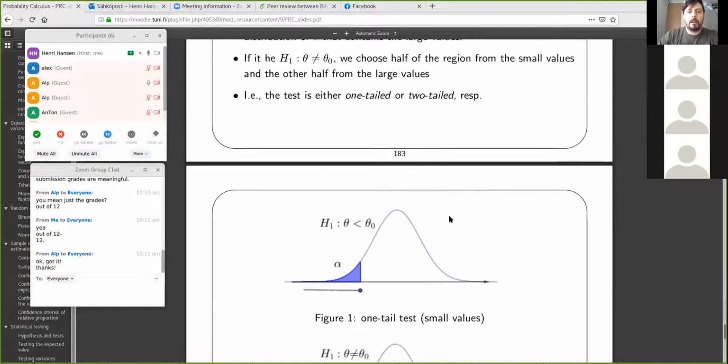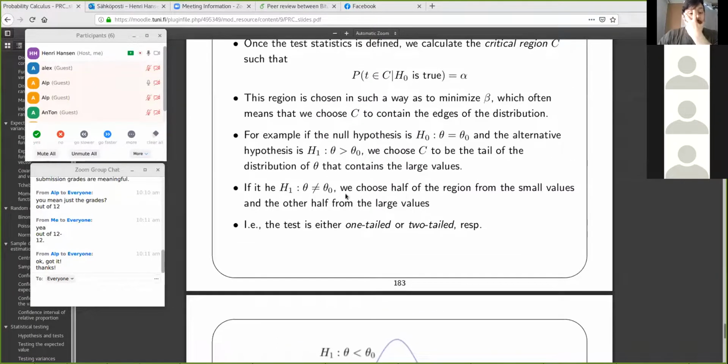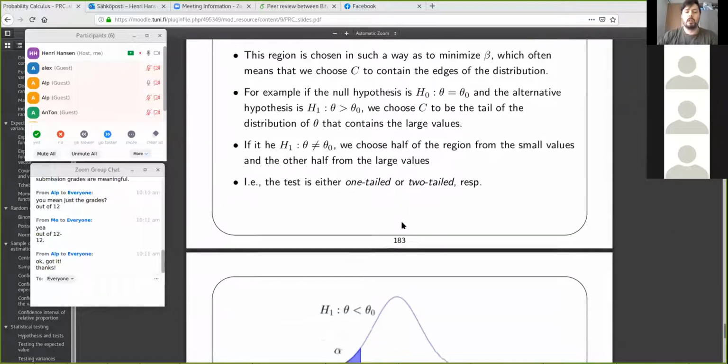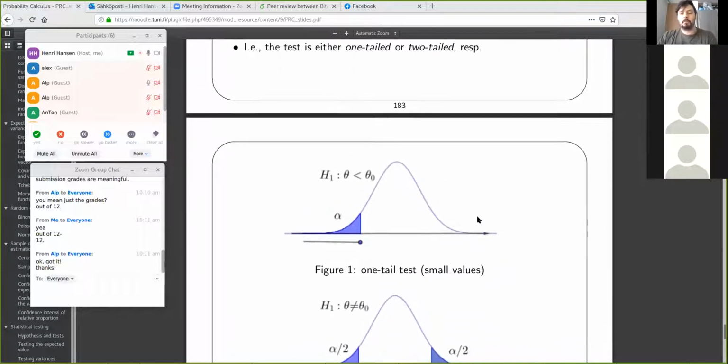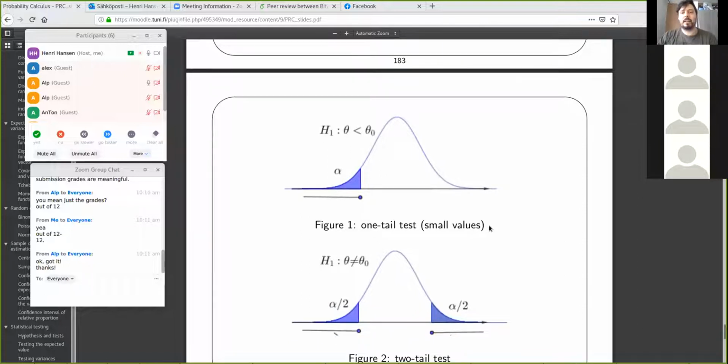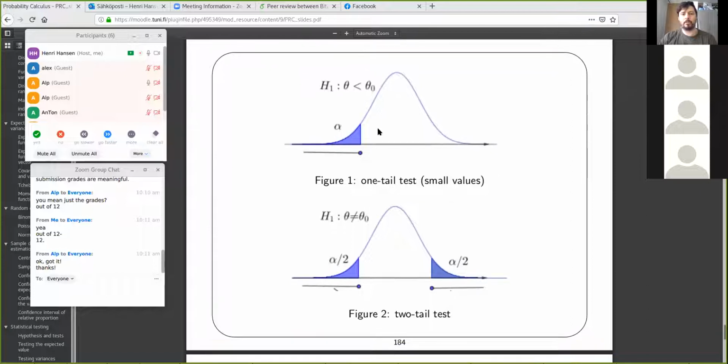Well, if the alternative hypothesis is that it's different, we just choose half of the region. So here's our example, a one-tail test. If our alternative hypothesis is that the parameter is small, then look, this is the distribution of the parameter.